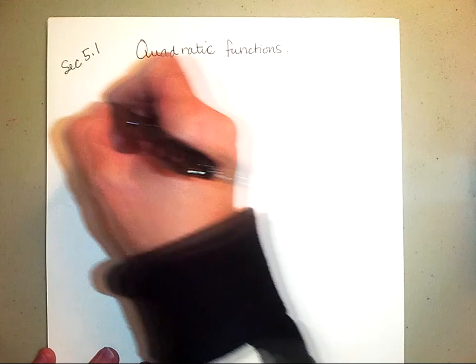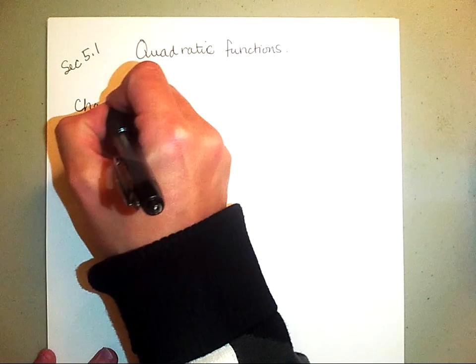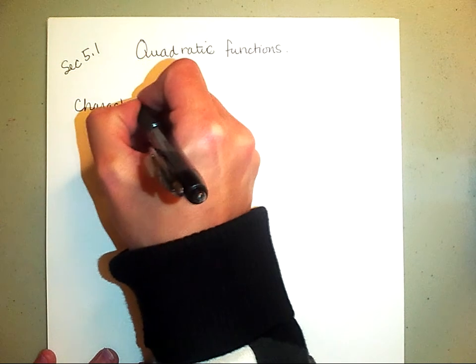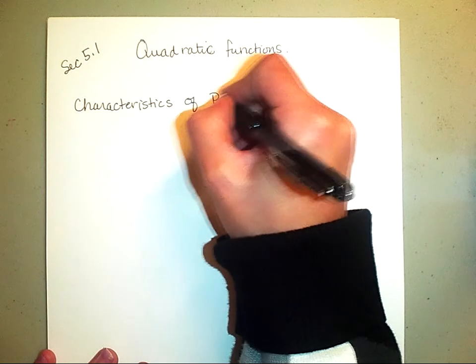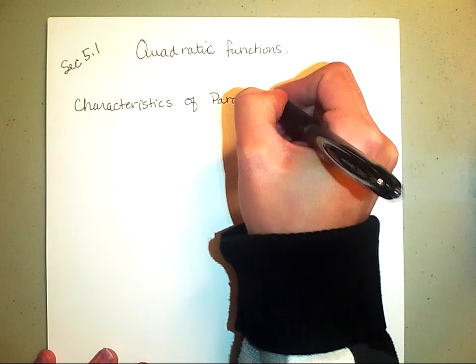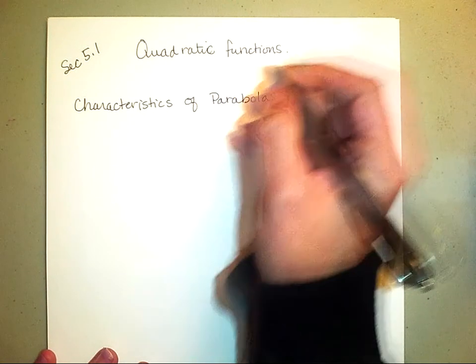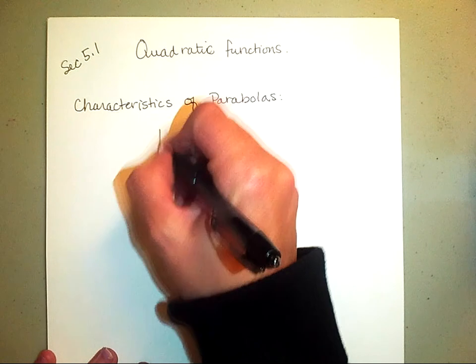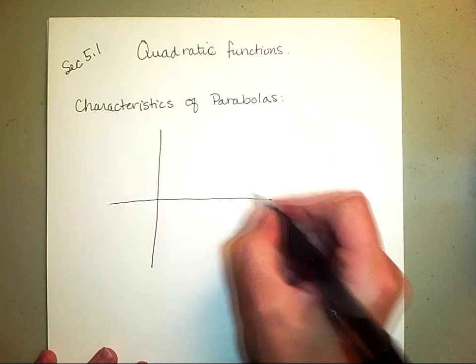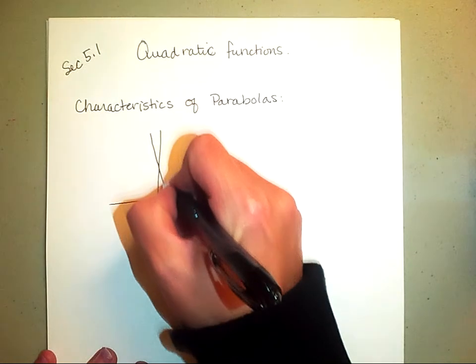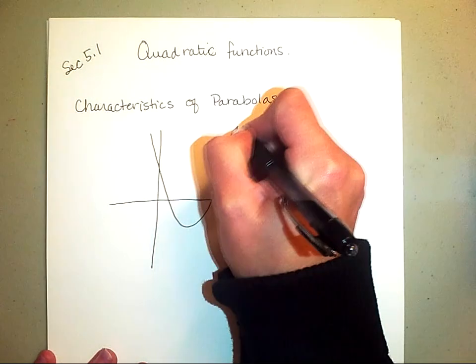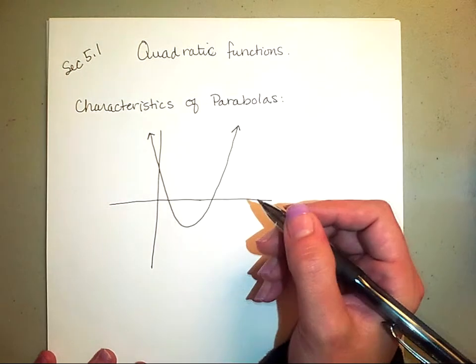I hope this would be obvious, but let's just write them down anyway. Okay. So let's say we had a parabola that looks like so, something like this. Okay.